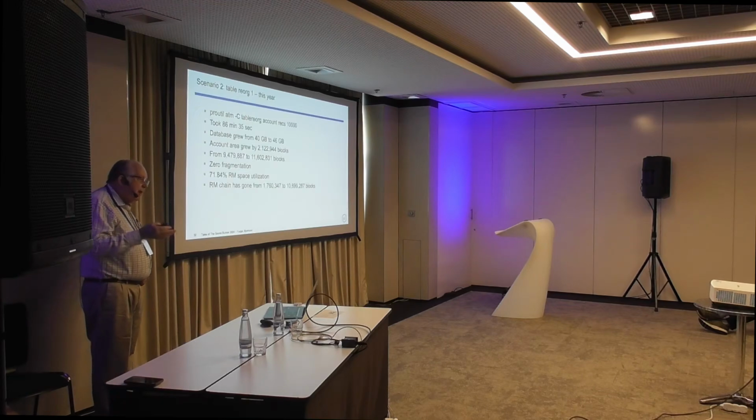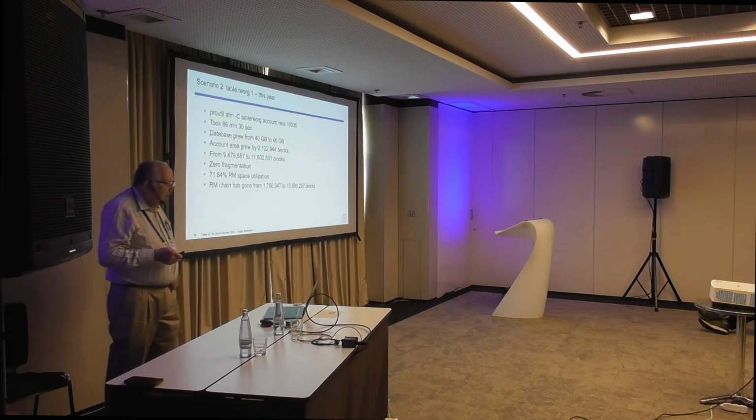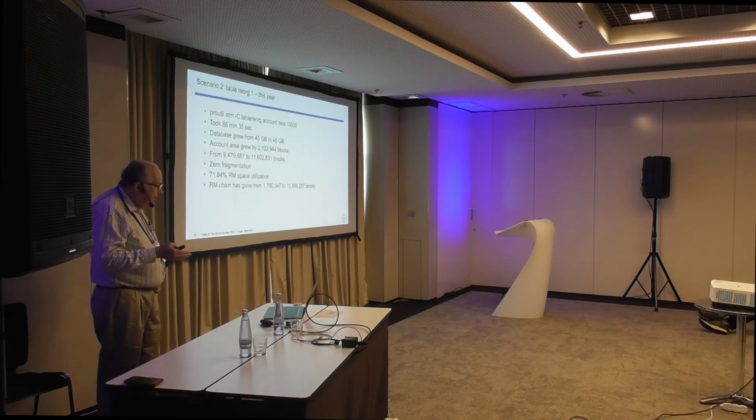And that happens in real life too. I've seen lots of long RM chains. So what happens because of that is, as you're adding more records to this table, the RM chain gets used to find empty space.